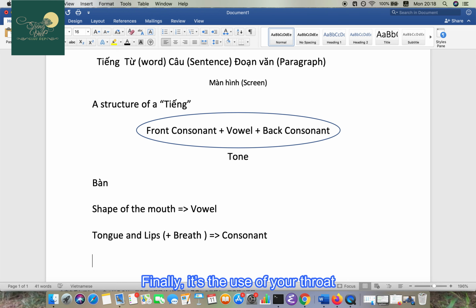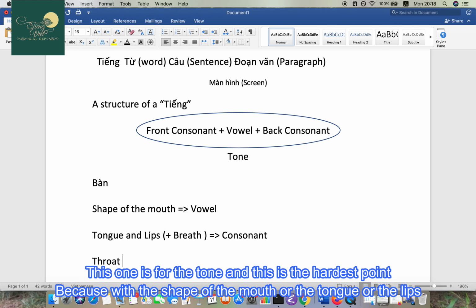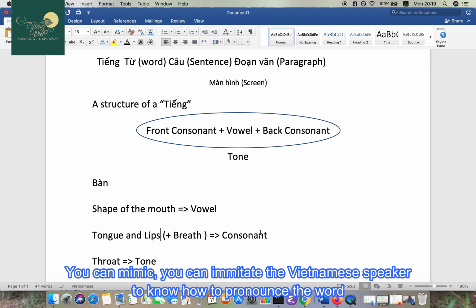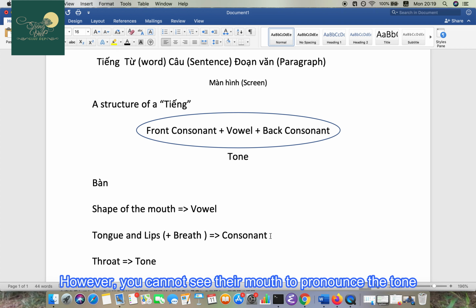Finally is the use of your throat. This one is for the tones, and it is the hardest point, because with the shape of the mouth or the tongue or the lips, you can imitate the Vietnamese speaker to know how to pronounce the word. However, you cannot see their throat pronouncing the tone.